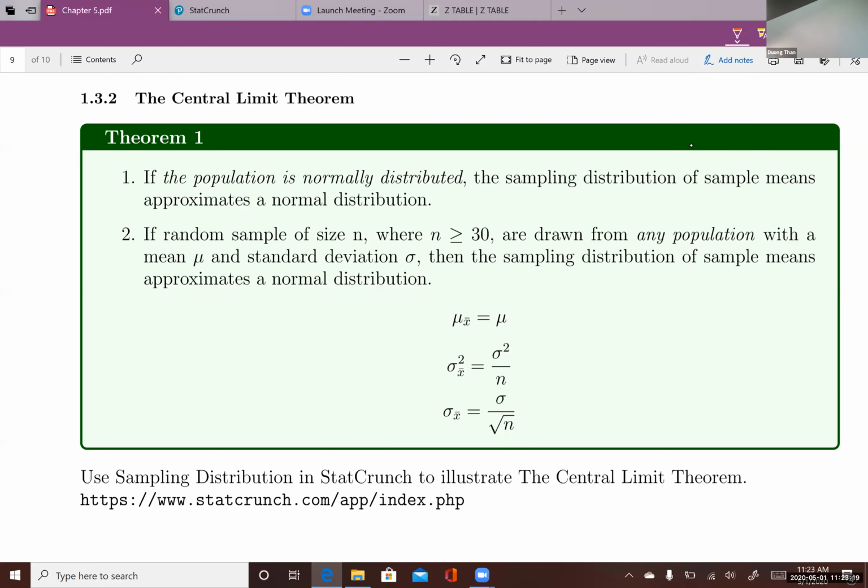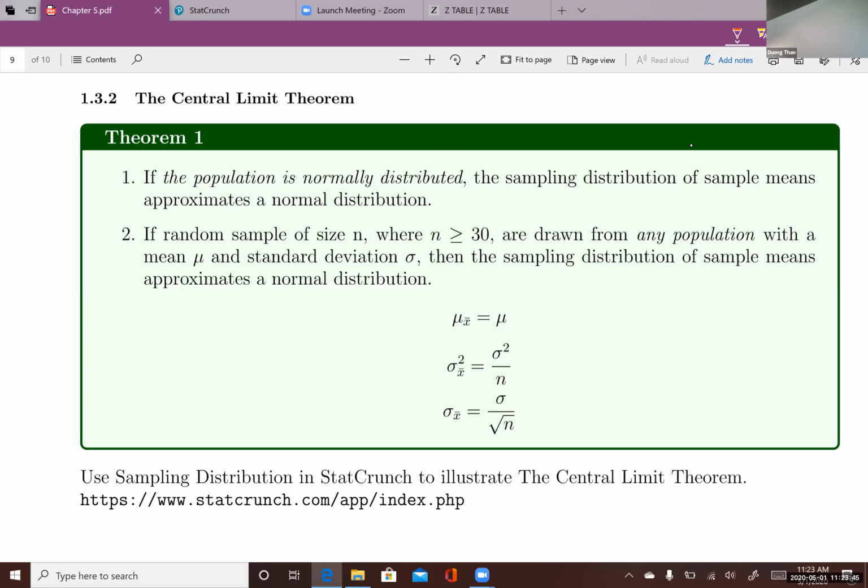And then if a random sample of size n, where n is at least 30, is drawn from any population, of any shape of distribution, with a mean mu and a standard deviation sigma, then the sampling distribution of sample means approximates a normal distribution.